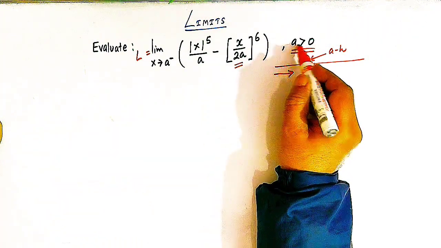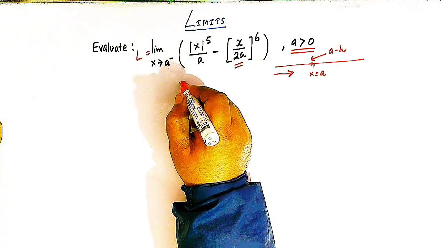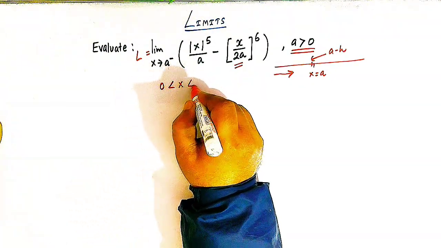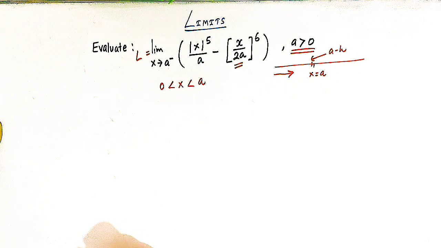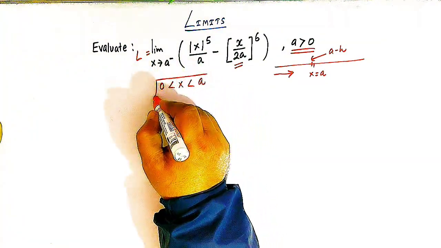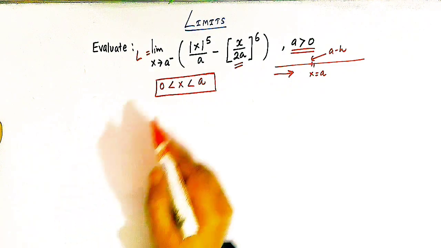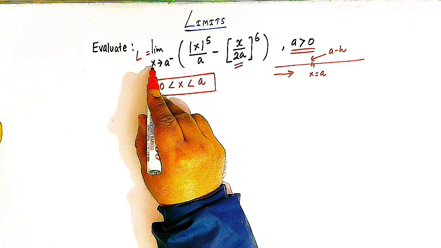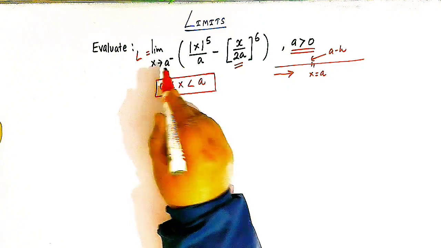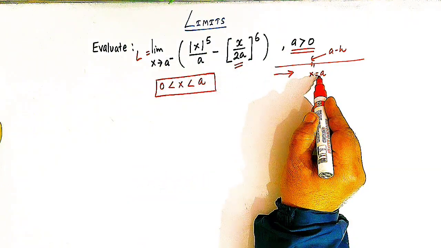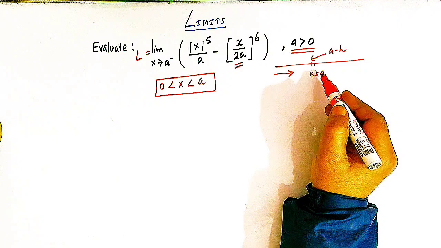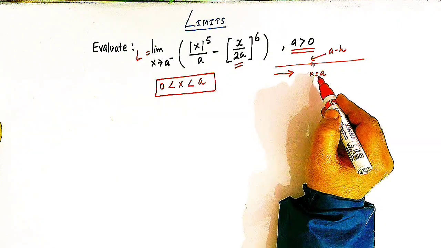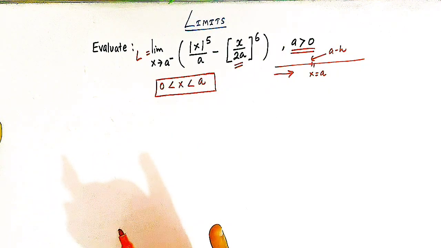Okay, now see, a is greater than 0. So we have this important inequality, that is x is greater than 0 and less than a. So we'll start from this inequality. x is greater than 0 and less than a, because we are approaching x is equal to a from the left, and all the values of x which we are taking into consideration are less than a.